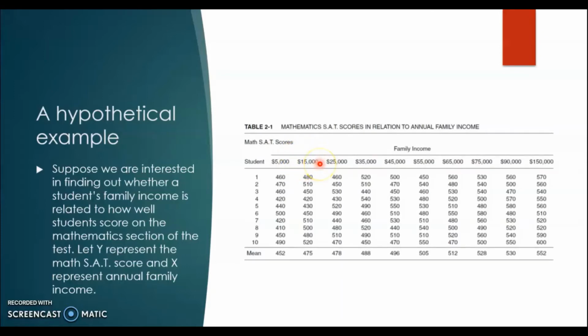And we continue this approach for the third class, fourth, fifth, until class number 10, where the midpoint for class number 10 is 150,000.